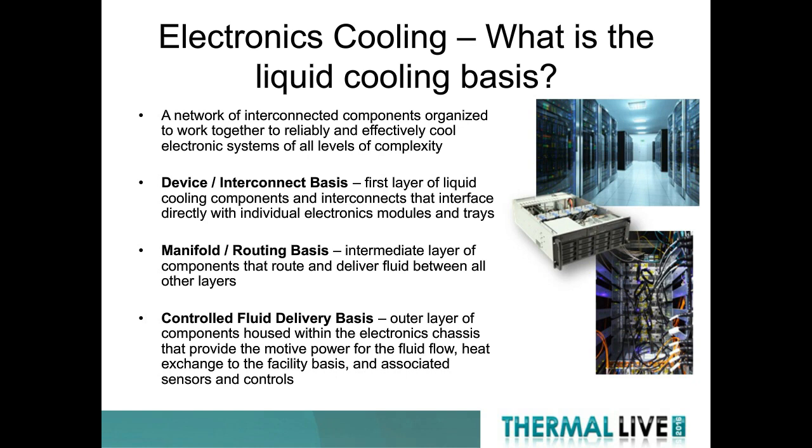Then we move into the manifold and routing. This is the intermediate layer of components that route and deliver the fluid between all the other layers. And then we have the controlled fluid delivery basis. This is the outer layer of the components where we have the motive power for the fluid, the heat exchangers, the facility basis, sensors, and controls.